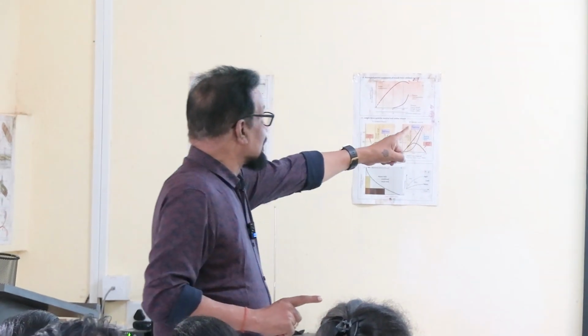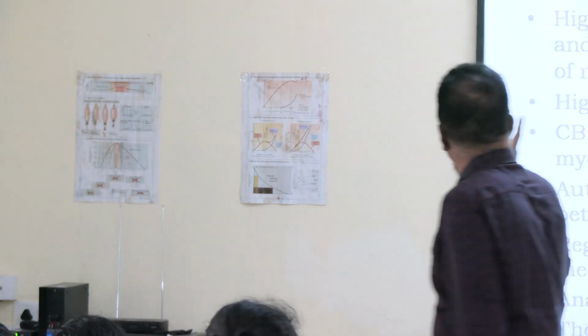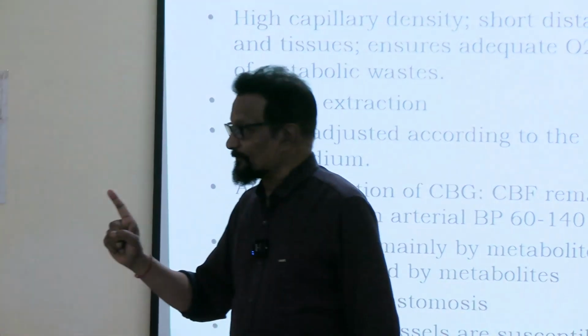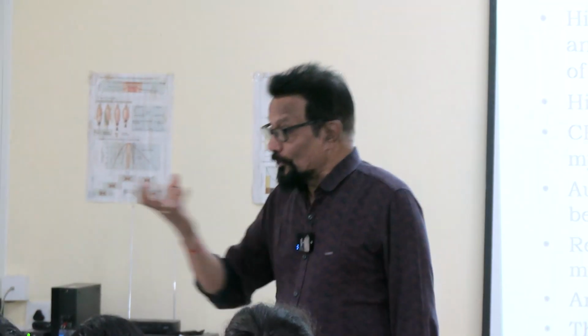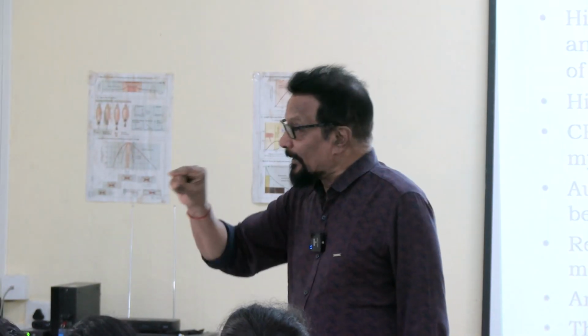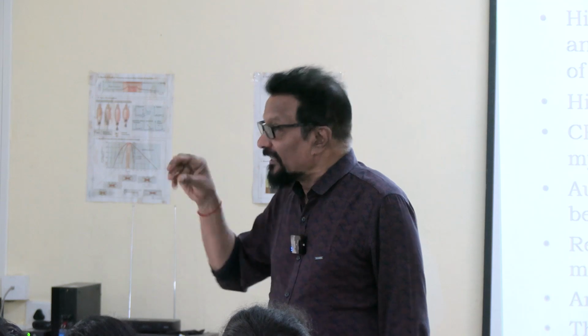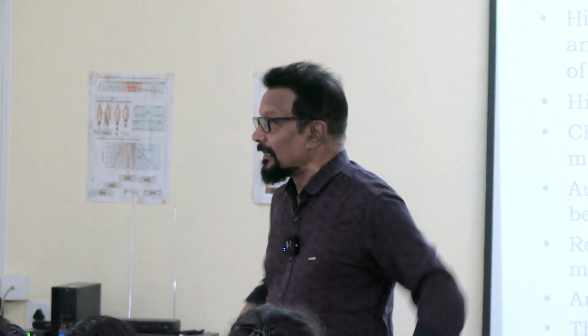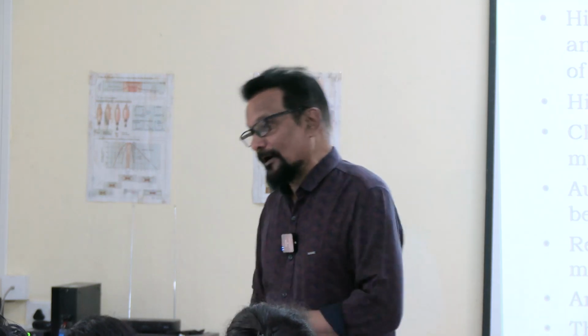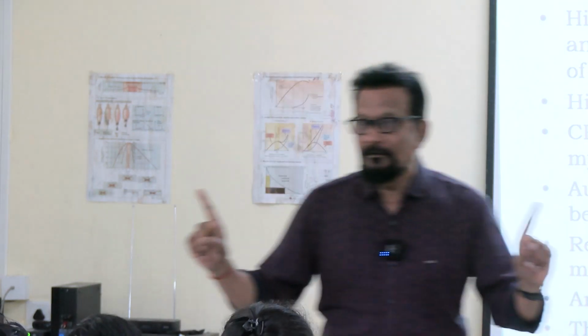That means the fourth point, it has high oxygen extraction from arterial blood. Because of high extraction, its venous blood contains very, very little oxygen in comparison to venous blood coming from other parts of my body. Is that clear to you now?